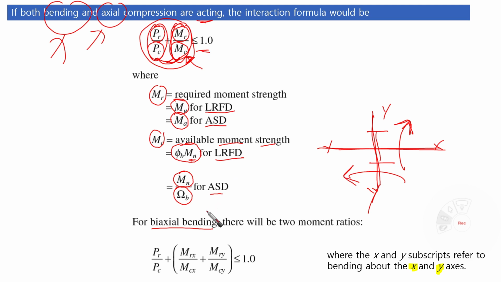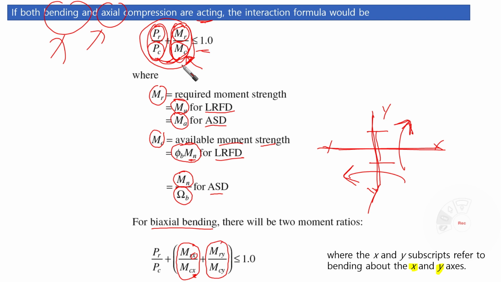So in this case, we are going to have M related to X over MC X, so we call it MRX, the required moment related to the X-axis, over the MCX, which is the available moment strength around the X-axis, and in a similar fashion we put it around the Y-axis.